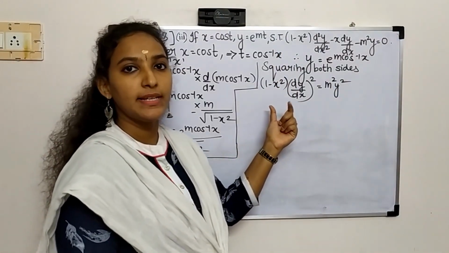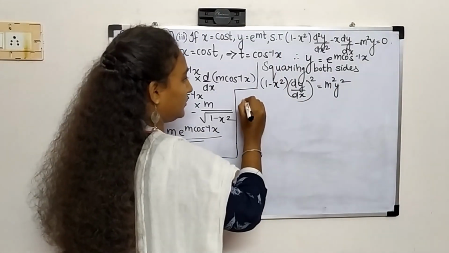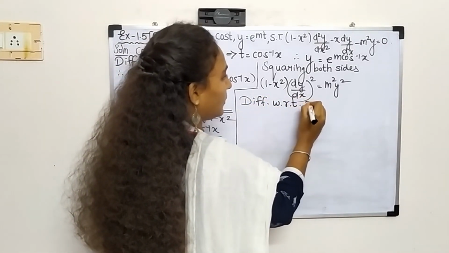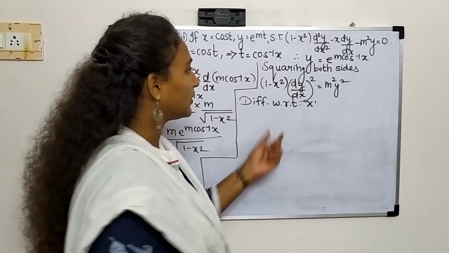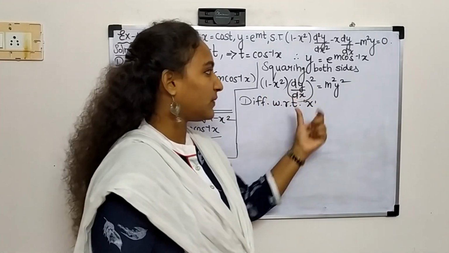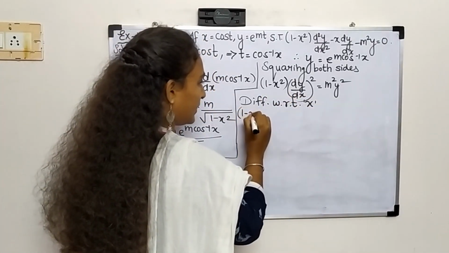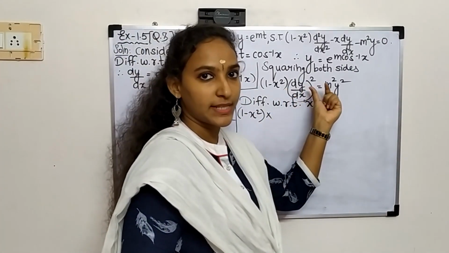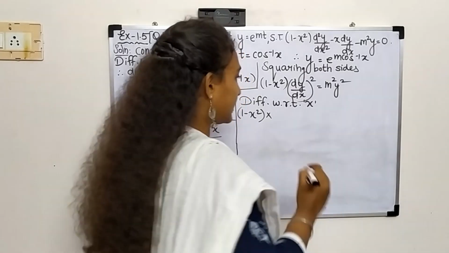Now let us differentiate this again with respect to x. This will be in the form u into v. So 1 minus x square into, this is something of the form x square, so the derivative will be 2x.